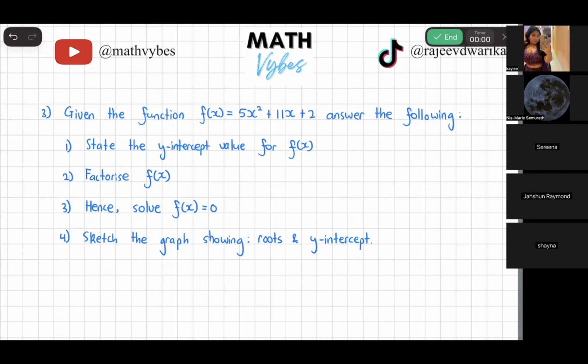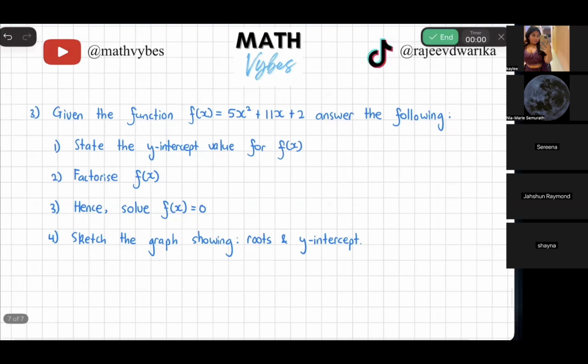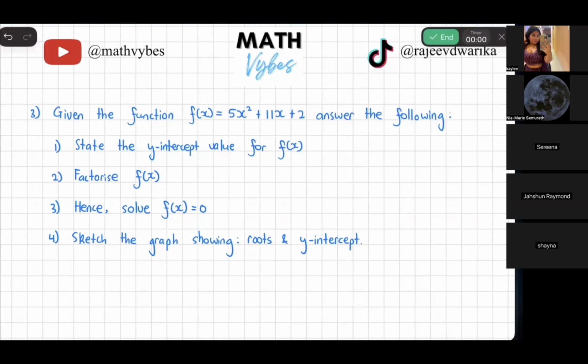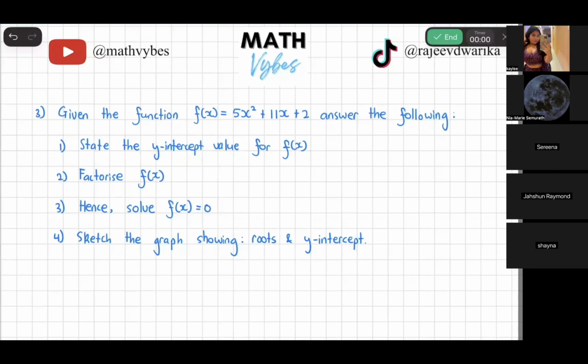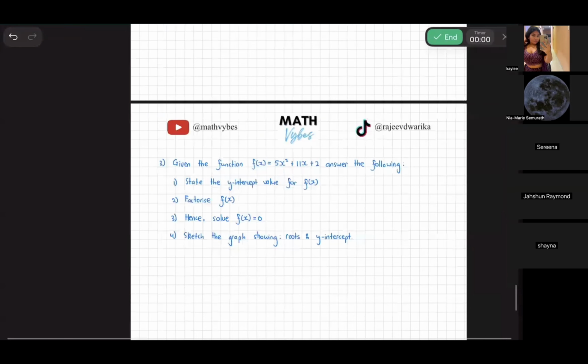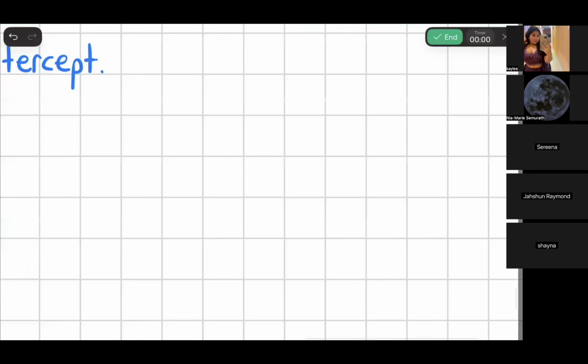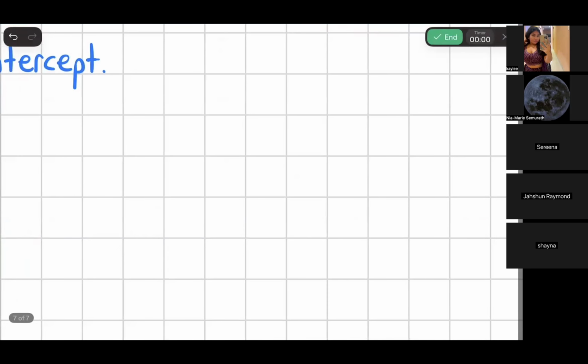All right, Nia, I'm seeing some errors. Okay, so Nia, a couple things. You factorized it correctly, but the way in which you wrote it was a bit funky. Nia, you there? Yes, sir.